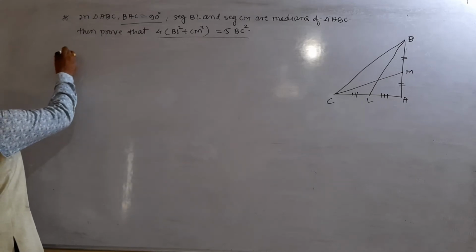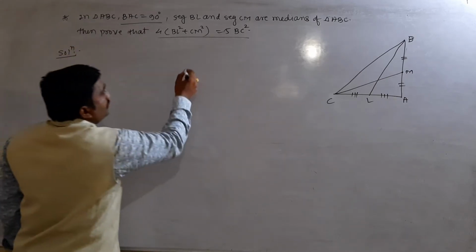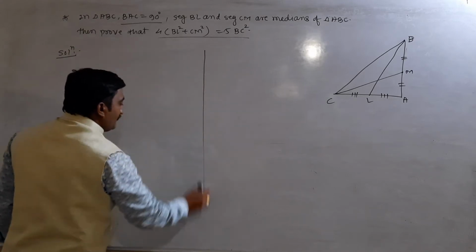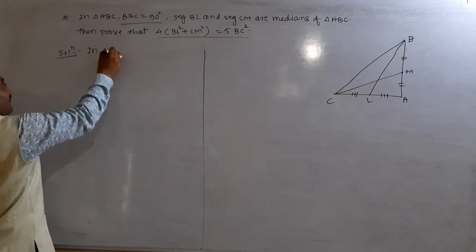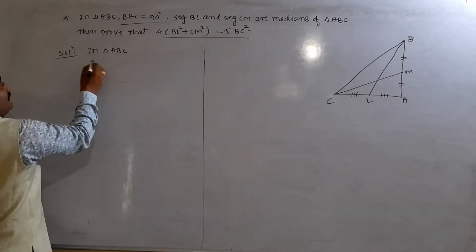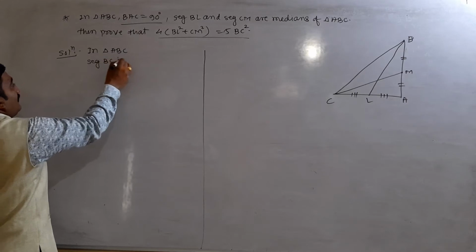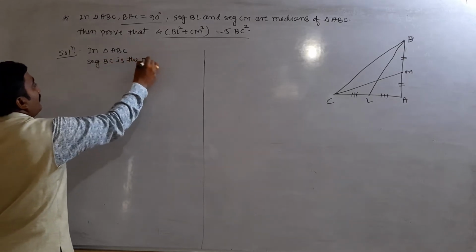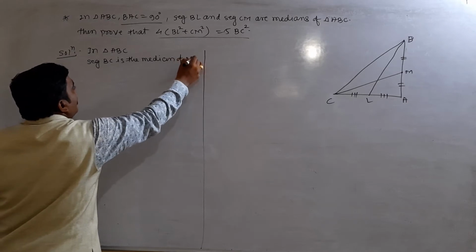So, the solution of this problem. First, the given things: in triangle ABC, segment BL is the median of triangle ABC.